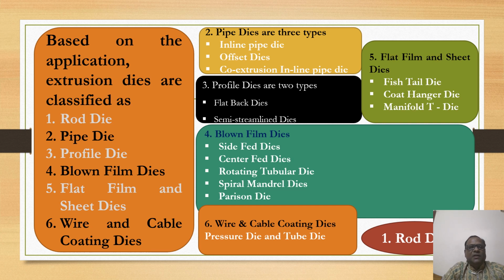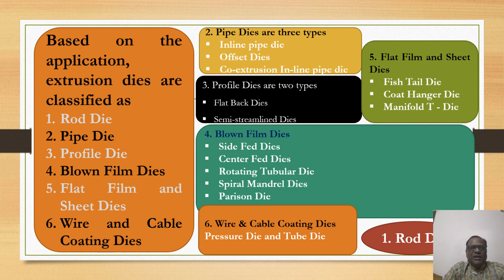One is rod die, the second one is pipe die, third one is profile die, fourth one is blown film die, fifth one is flat film and sheet die, and the sixth one is wire and cable coating dies.